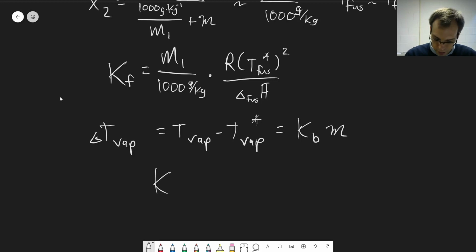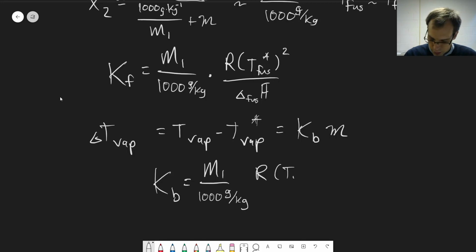Kb looks very similar to Kf, where we have the molecular weight of the solvent divided by 1,000 to convert the units to kilograms, times R T vaporization star squared, divided by delta H of vaporization.